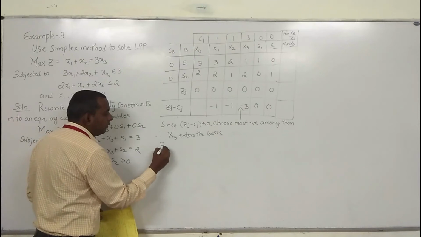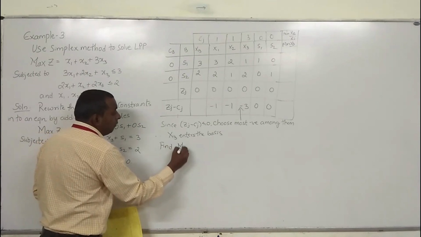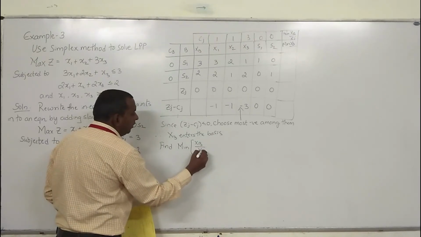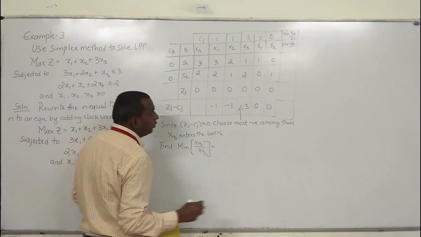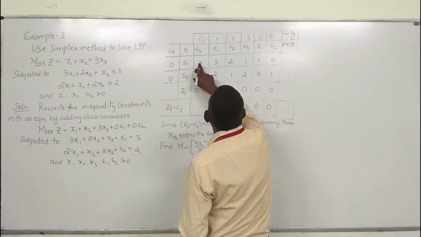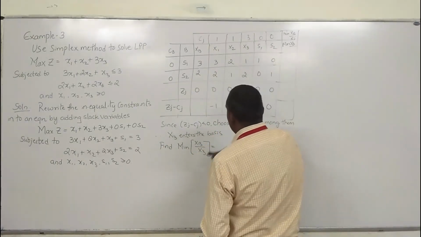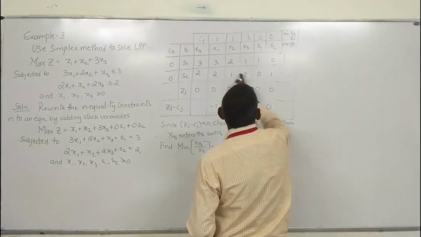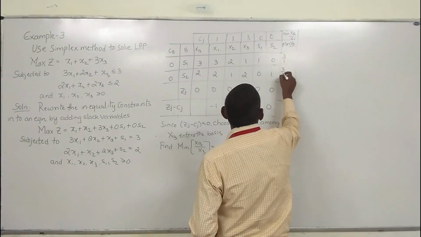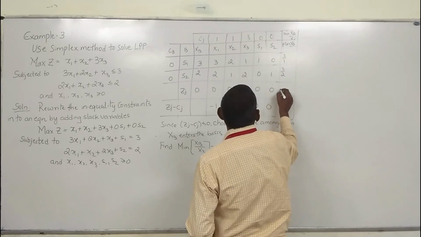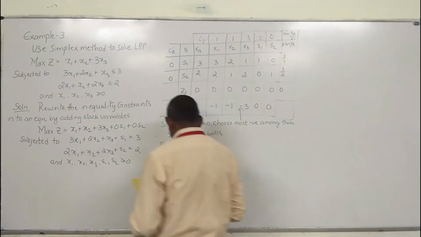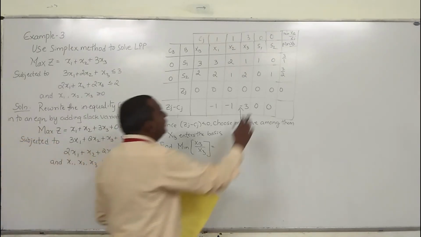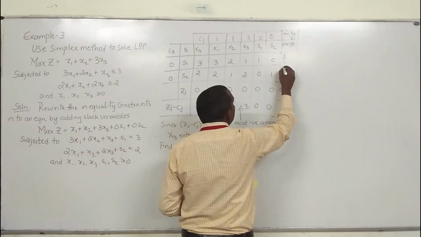So find the minimum of XB upon x3. XB upon x3 means 3 upon 1, followed by 2 upon 2. Is it 3 upon 2? No, it is 2 upon 2.